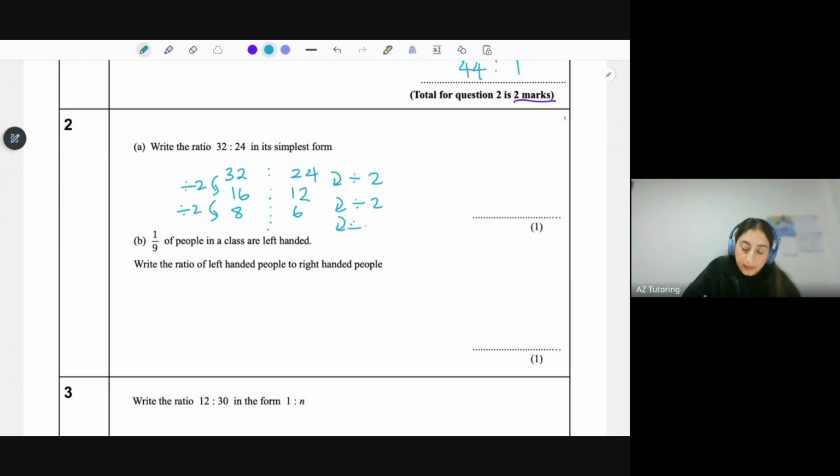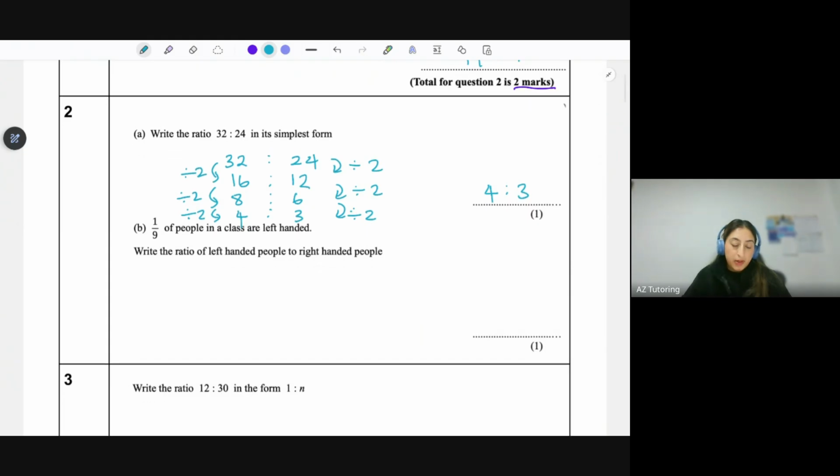So I'm going to divide them again by 2. 8 divided by 2 is just 4. 6 divided by 2 is just 3. And I can see that it's not going to simplify any more. So I've got it to its simplest form. So my simplified ratio is just 4 to 3. By simplifying, I mean you can keep simplifying further down until you get to numbers that cannot be simplified any more. So the answer is just 4 to 3.